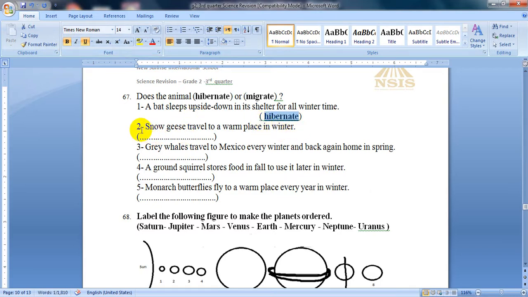The next one, number 2, snow geese travel to a warm place in winter. They cannot live in their original place, so they will leave. They travel to another place, so they migrate.